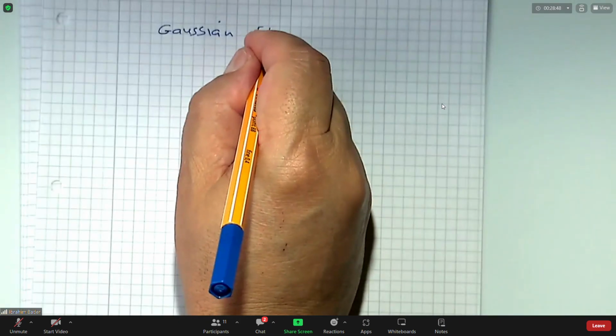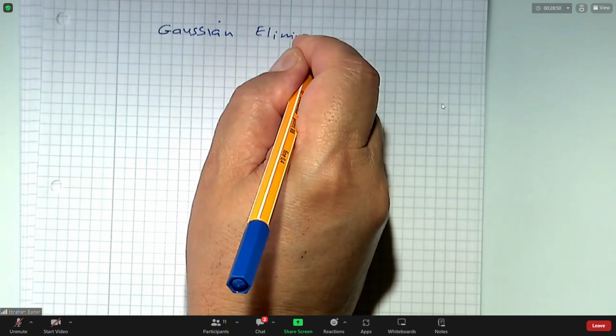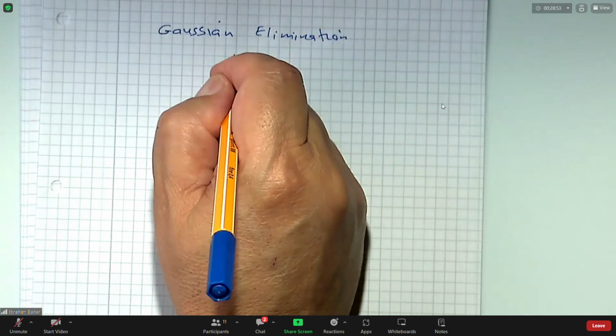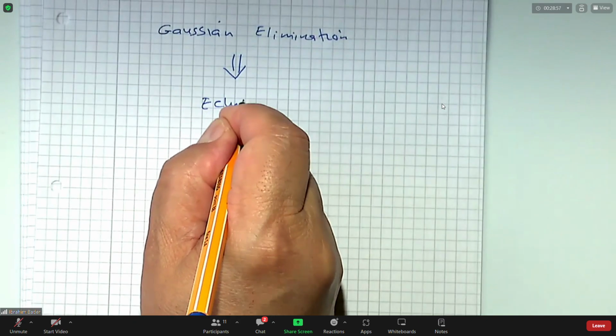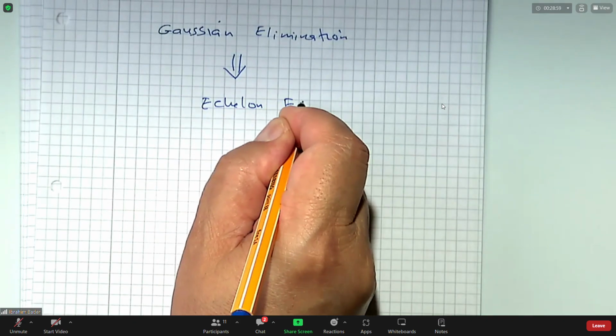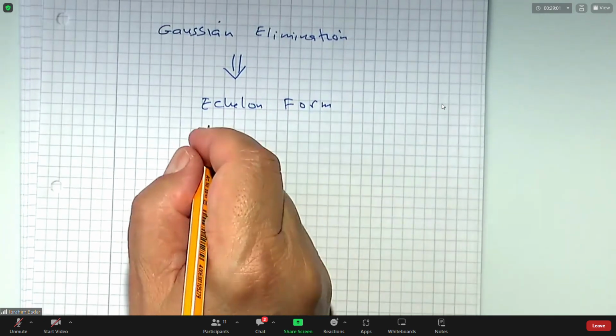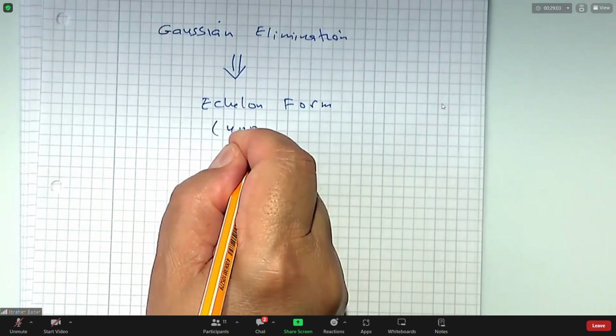Okay, so just to recap, in the Gaussian elimination method, you reduce to the so-called echelon form, which is an upper triangular form.